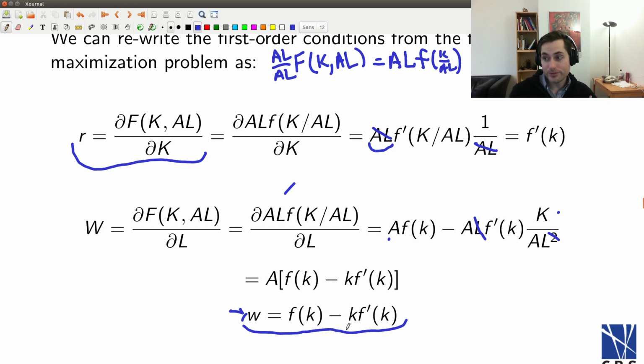These are results of the firm's optimization problem. Given little w or given R, the firm is going to choose the amount of capital it employs per unit of human capital in order to satisfy these equations.